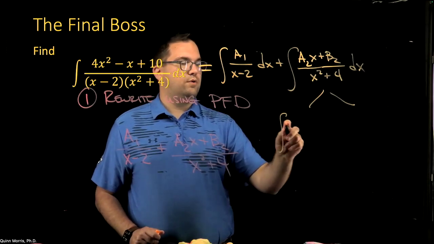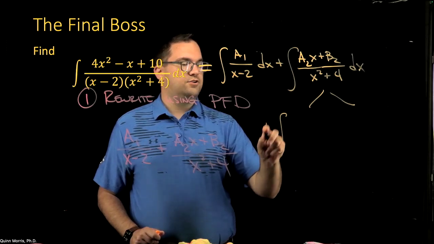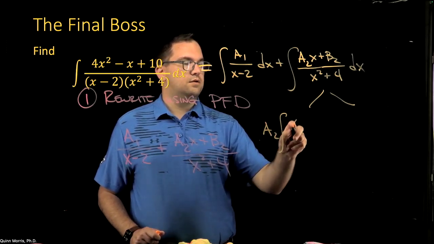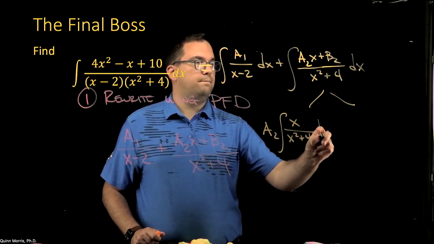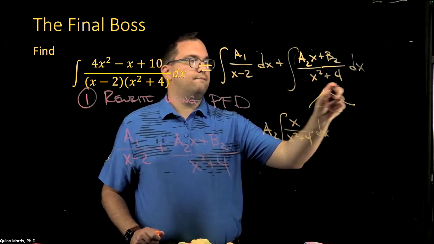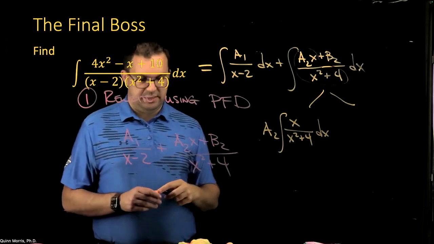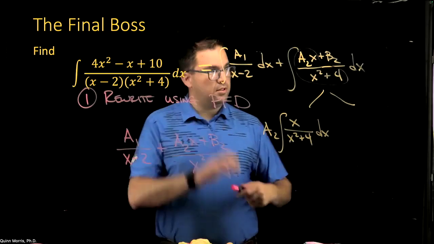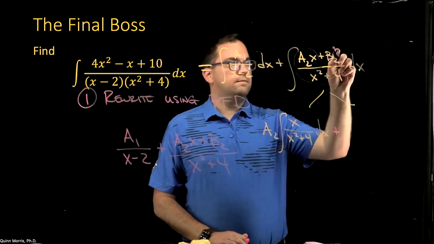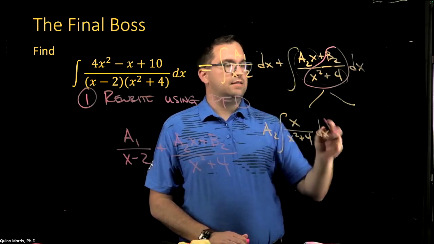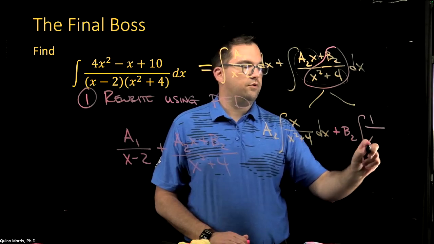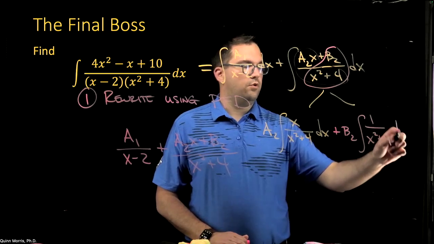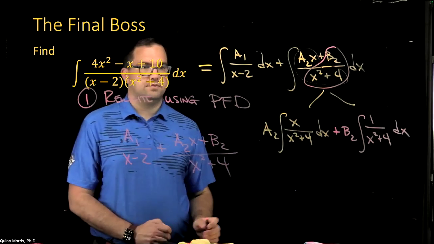We're going to first deal with the a2, that's a constant, times the integral of x over x squared plus 4, plus b2 times the integral of 1 over x squared plus 4 dx.